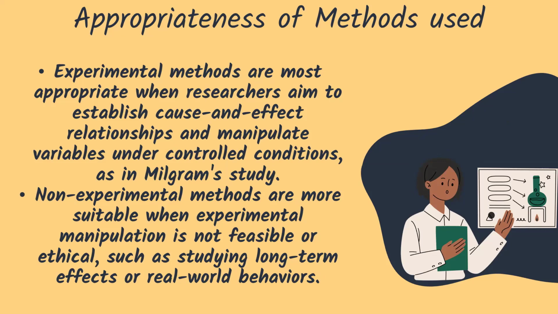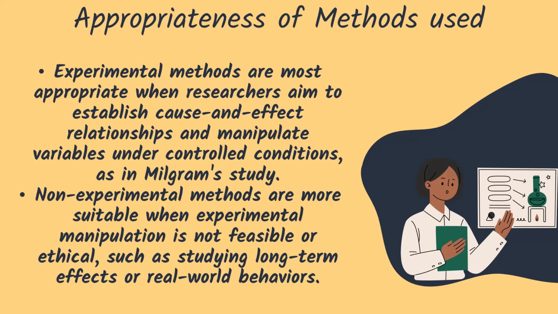They have less control over variables. They cannot establish causality between variables. Non-experimental studies such as correlational studies may suffer from validity concerns such as third-variable confounds or reverse causality. Adding on, experimental methods are most appropriate when researchers aim to establish cause-effect relationships and manipulate variables under control, as in Milgram's studies.